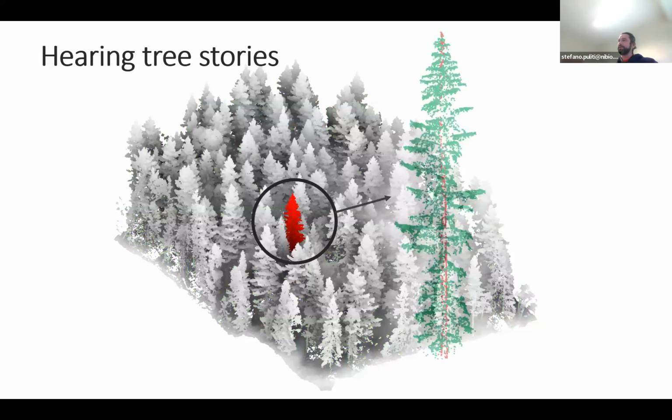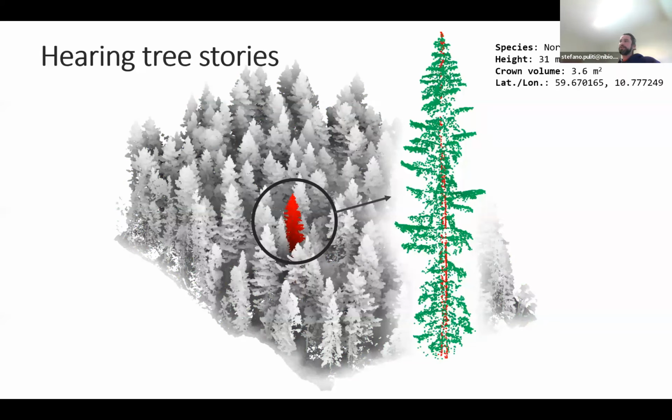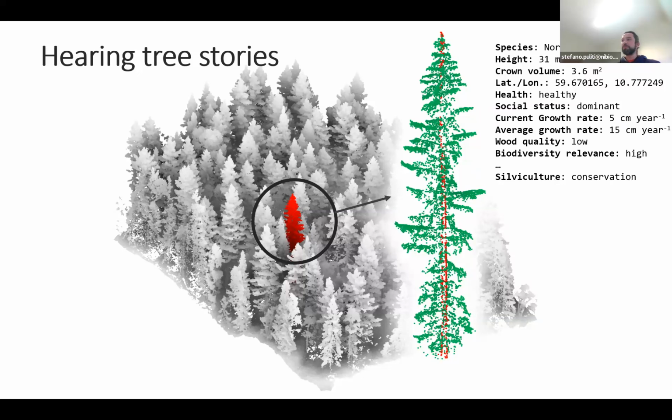As an example, we can get information about the species, the height, the volume of the crown, of course the latitude, longitude, health, the social status. But the list here is not comprehensive at all. There's a multitude of variables that really are key in knowing how to then manage that tree.